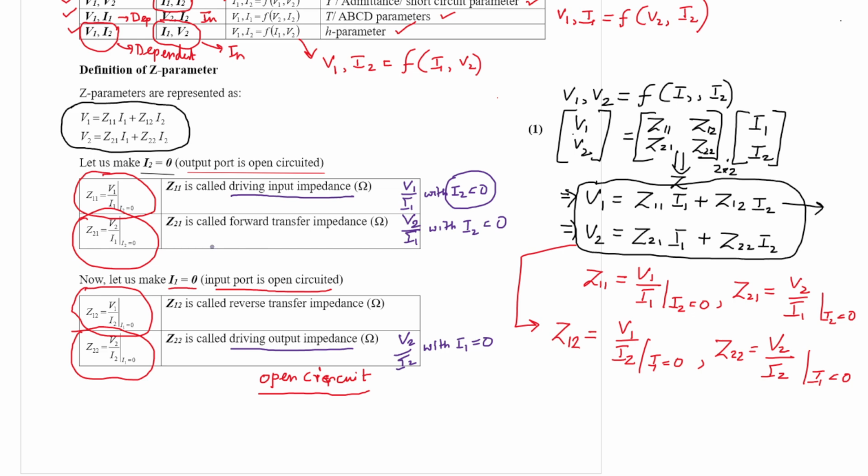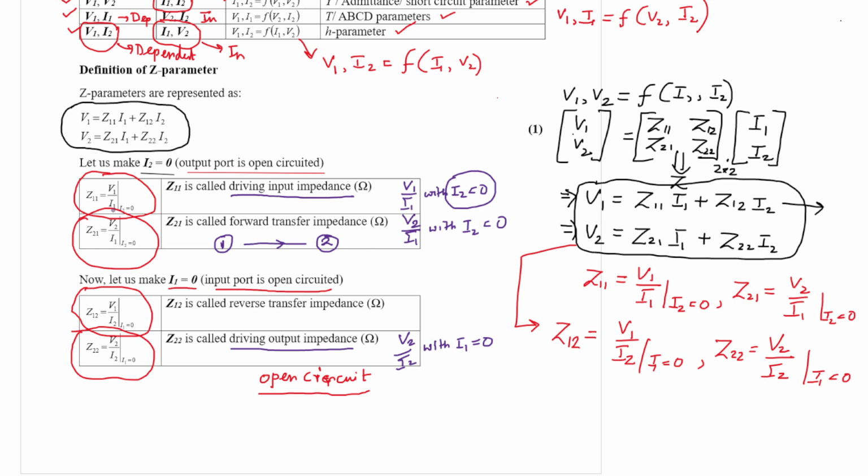Let us say we have input port as 1 and output port as 2, and signal is flowing from 1 to 2, from input to output. That is our conventional signal direction.